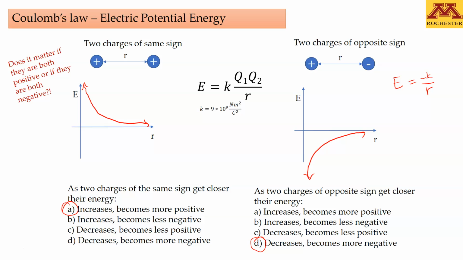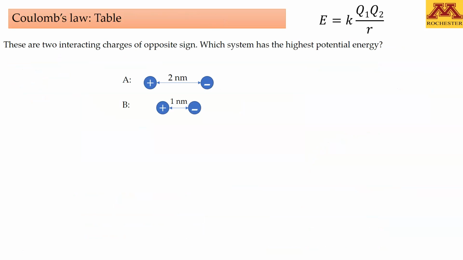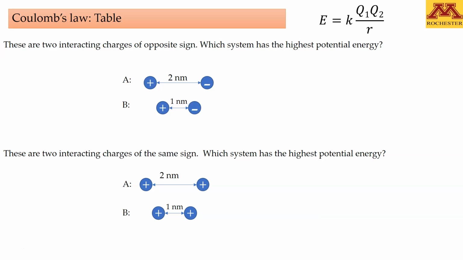Increases, decreases, and I'll also mention that this isn't necessarily the same idea of a function increasing or decreasing as well. Okay, so here are a couple questions that I want you to answer in the quiz questions. Again, you have two charges of opposite sign, which one has the highest potential energy? Different signs in the first one, same signs in the second one. You'll have two quiz questions to try out.